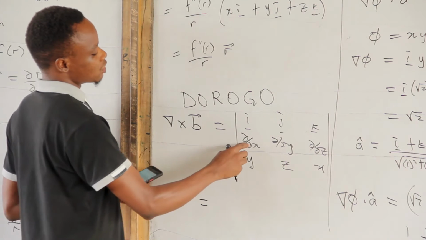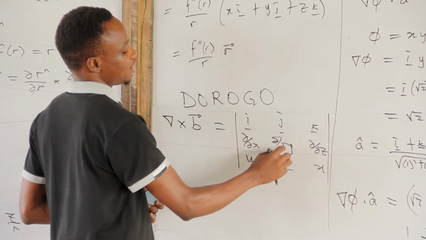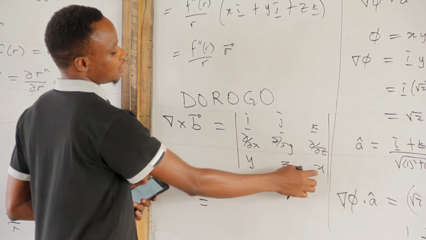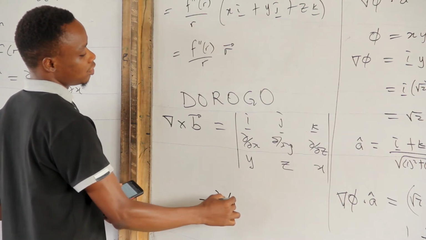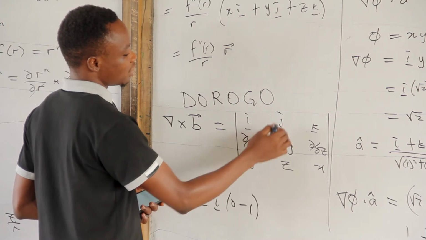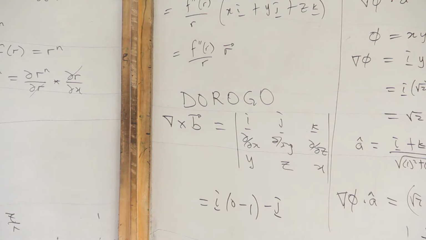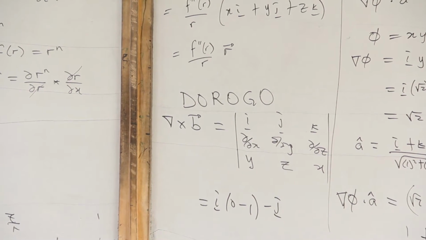Just pay attention now. I'm going to cancel i. Del y of this is 0, and del z of this is 1. Then I'm going to take the next one, minus j. Obviously, it's not a zero vector. I just want to confirm if it is a zero vector. Now, it is not a zero vector. Is it irrotational? Look at it.